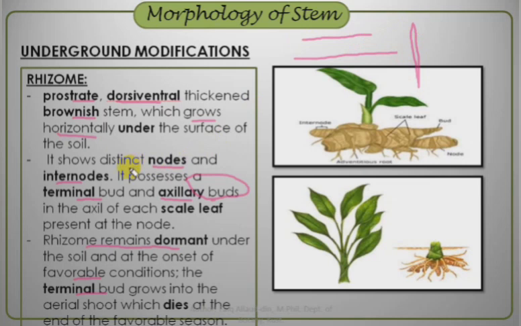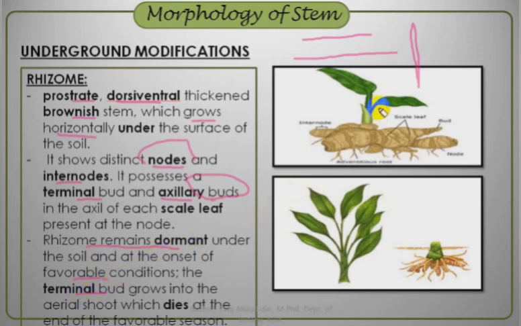We know that it is stem because it possesses nodes and internodes and axillary buds. By the third sentence, I mean that the rhizome remains dormant. Dormant means in a sleeping condition under the soil. And when favorable conditions are back, for example, when temperature is suitable, when moisture is suitable, this rhizome gives off a terminal bud.